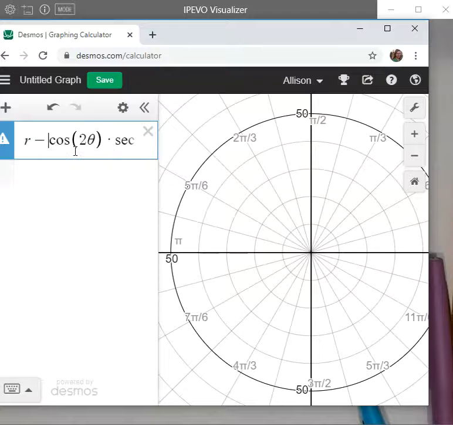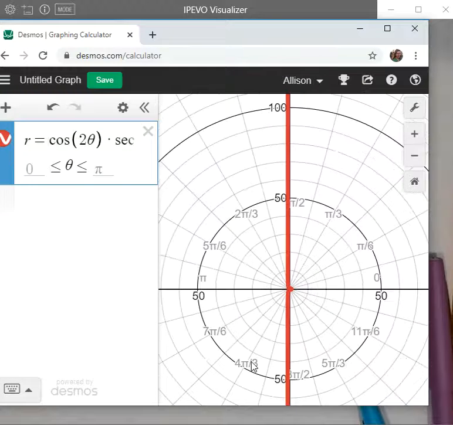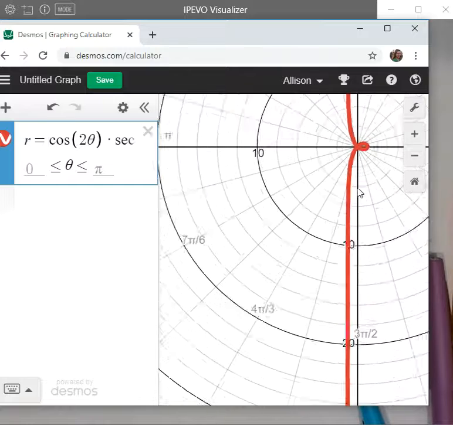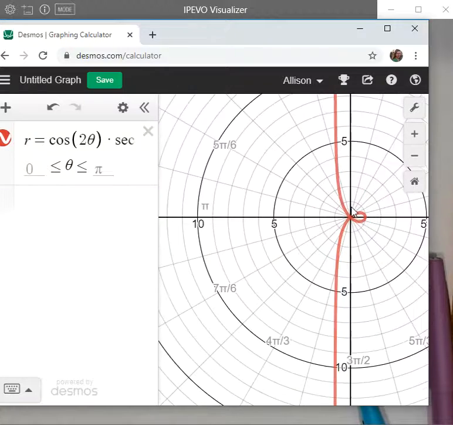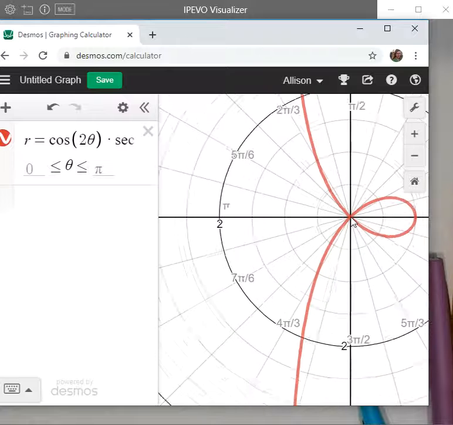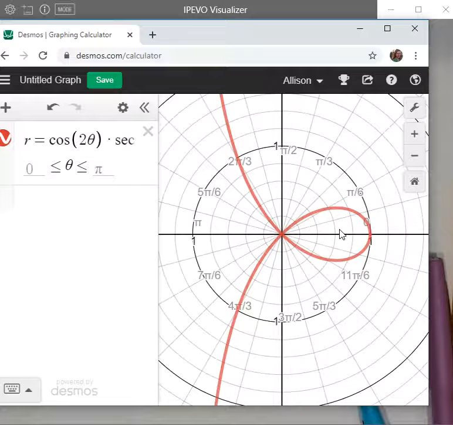Oh, my equal sign didn't type right. There we go. Okay, so this one is something similar to the cissoid, except that it's got a little swirl right there, which the other one did not. So that's kind of pretty.